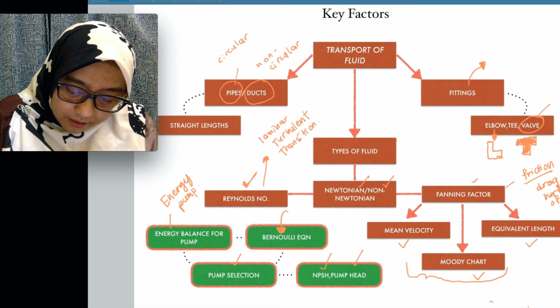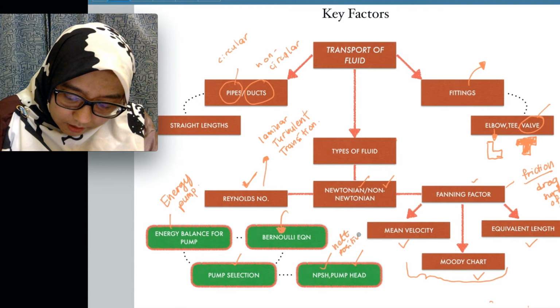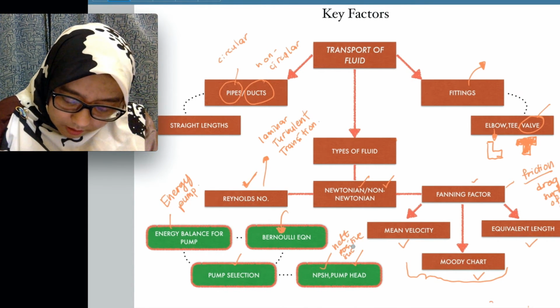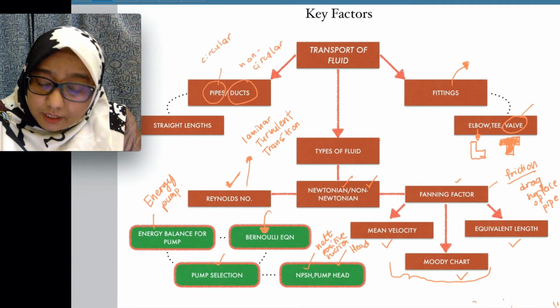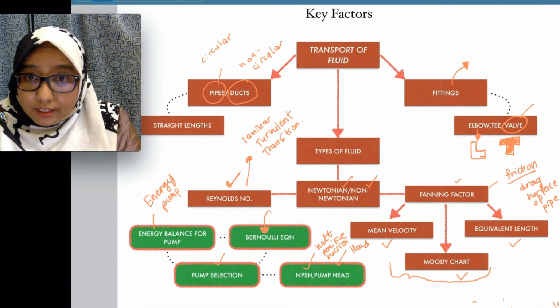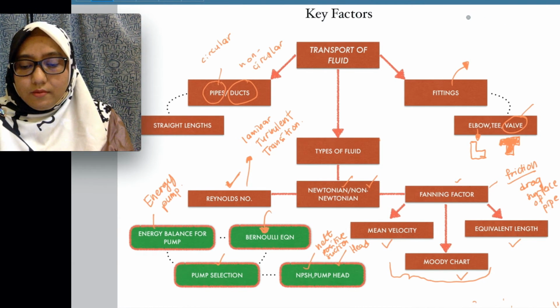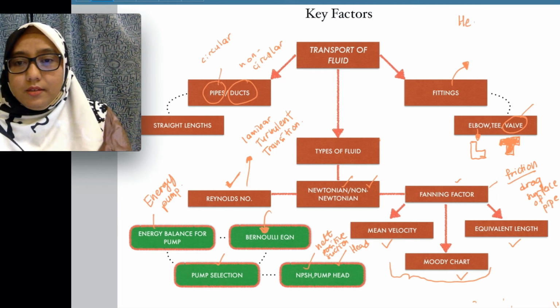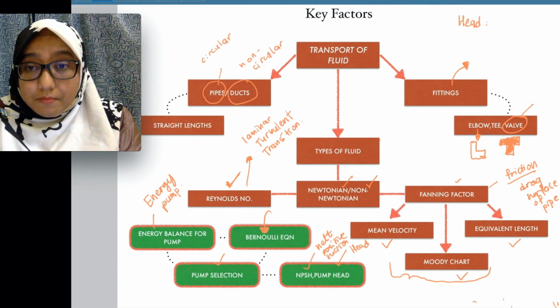This is net positive suction head. You will see a lot of this word, that is head. So what does head mean?